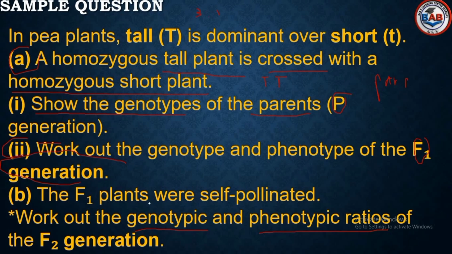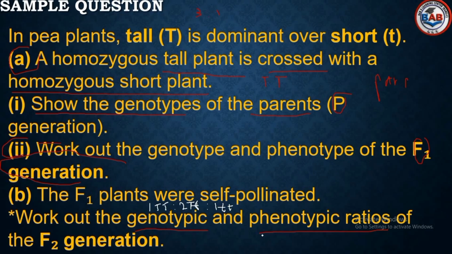The genotypic ratio is 1 TT, 2 Tt offspring, which have a dominant allele for tallness and a recessive allele for shortness, then one offspring with double recessive alleles for shortness.